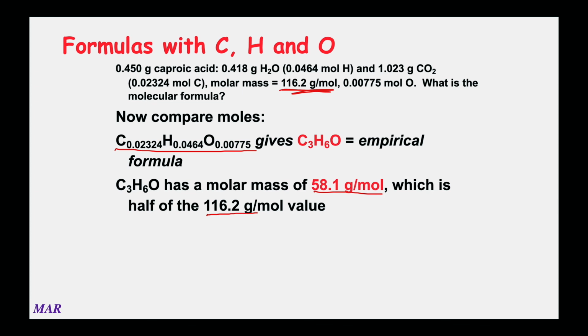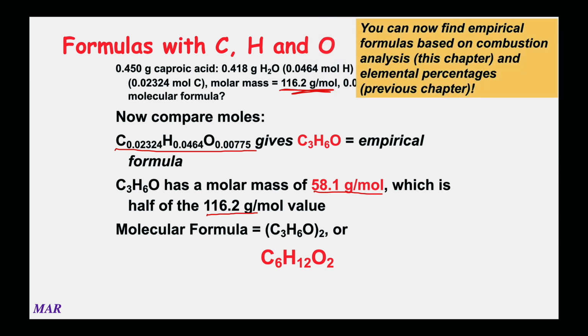And you can probably see that 116.2 divided by 58.1, that's a ratio of about 2 to 1. So that means the molecular formula will have 2 empirical formulas in it. C6H12O2 is the molecular formula.